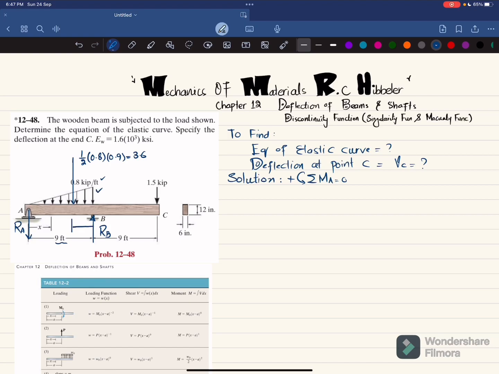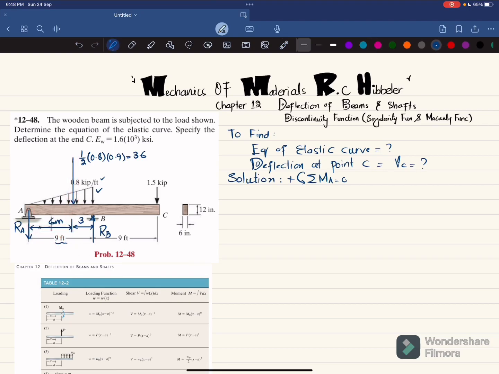L/3 is 9/3, that is 3 feet, and the remaining distance will be equal to 6 feet. So a moment about point A is produced due to this load, the perpendicular distance is 6, and this is producing clockwise, so it will be negative.